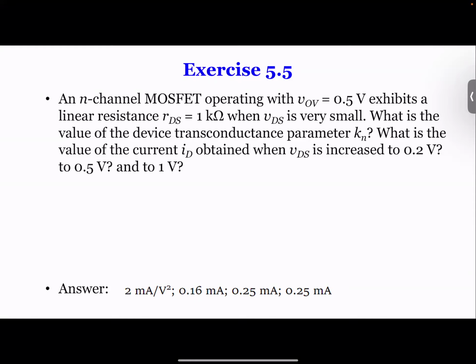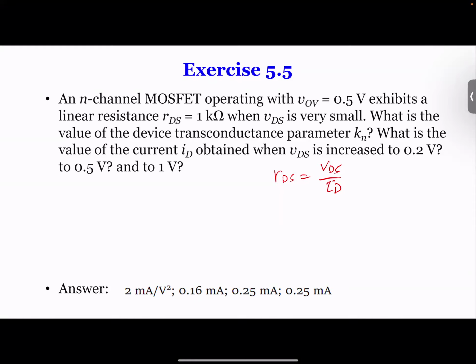So VDS is in triode, and you have RDS is 1K, so RDS equals VDS divided by ID. If you know your VDS, you can find ID, and if you know ID, you can find VDS.